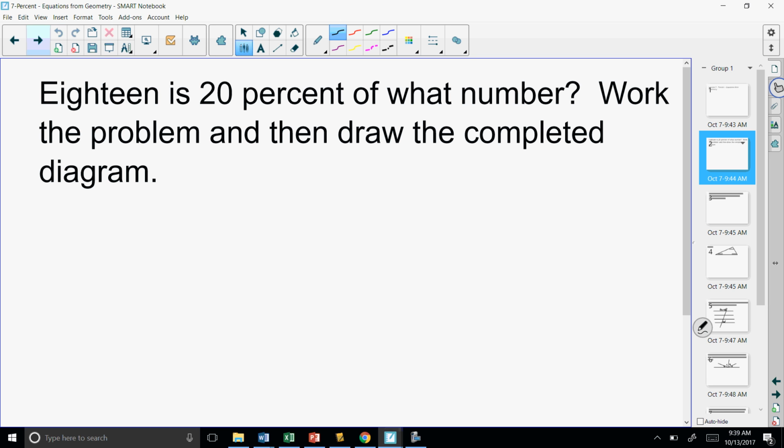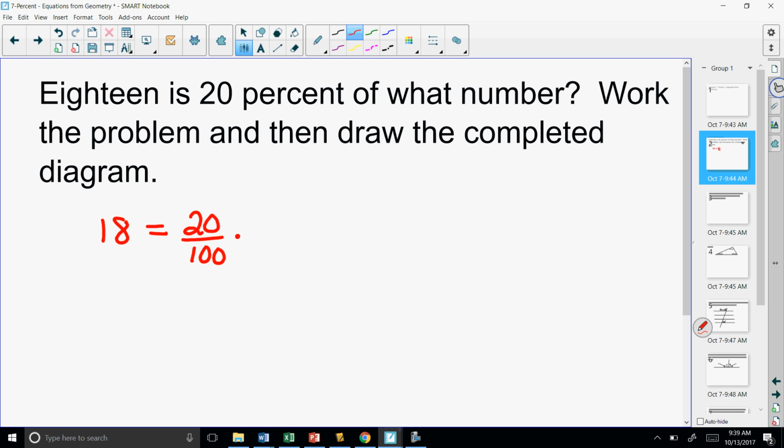Now we could set this up as an equation. We could start off with 18. Then you have the word is, which means equals. And then we have 20%, which I could show as 20 over 100. What does the word of mean? Multiply.